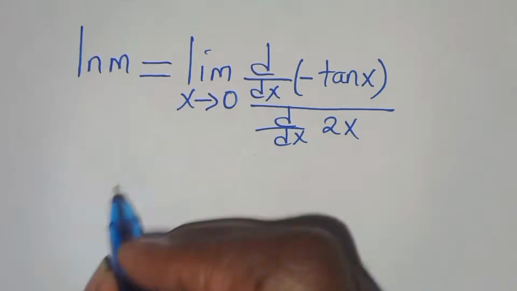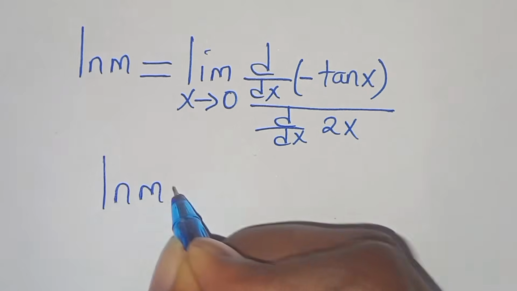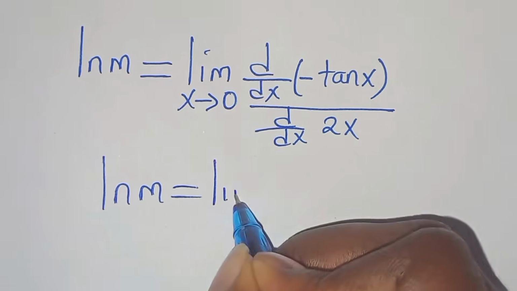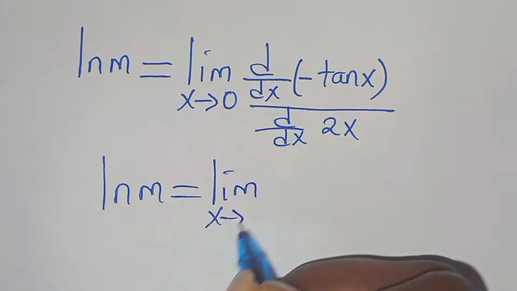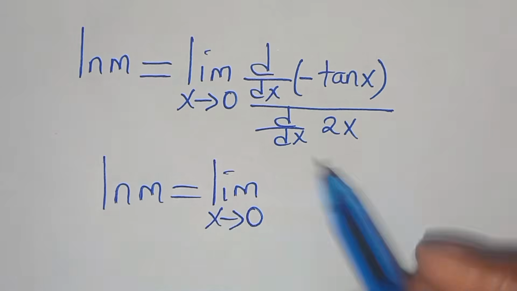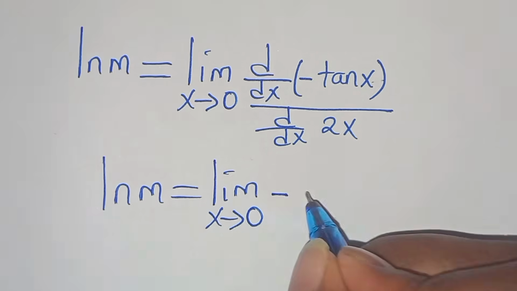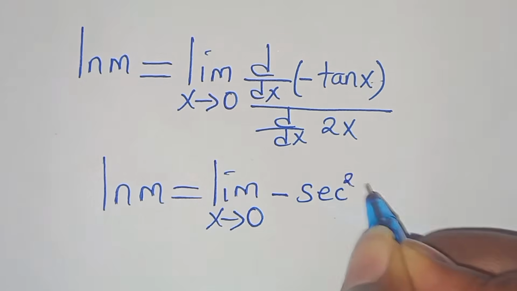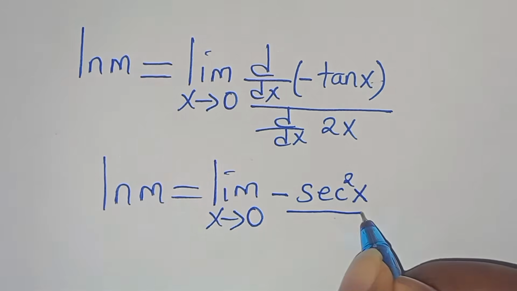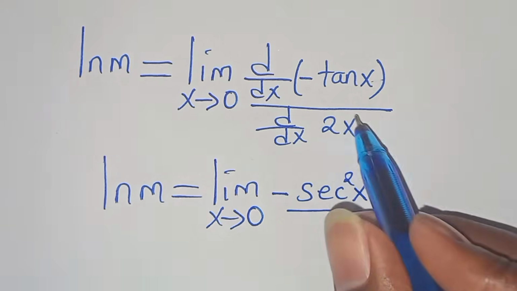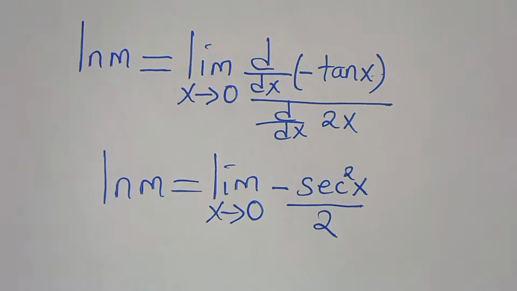Now here we have the ln of m equal to the limit as x tends to 0. We have that the derivative of minus tan x is minus sec squared of x divided by the derivative of 2x, which is 2.